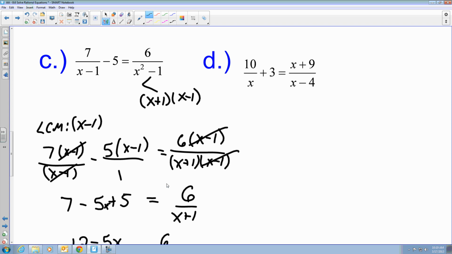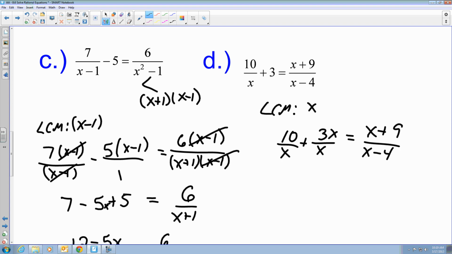And solving for d, I know that the least common multiple on that side would be x, so I can go 10 over x plus 3x over x equals x plus 9 all divided by x minus 4.